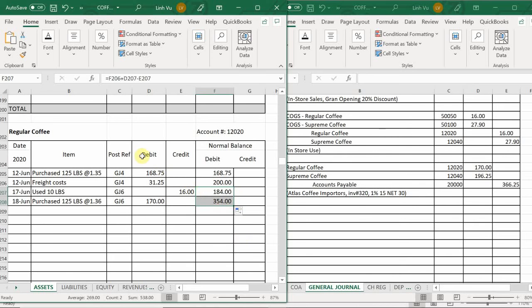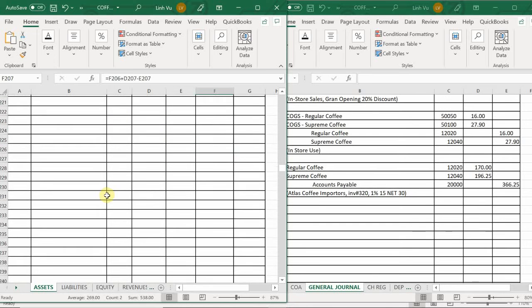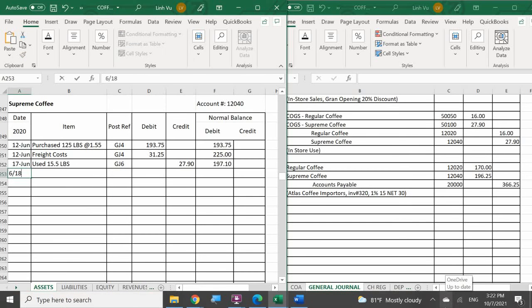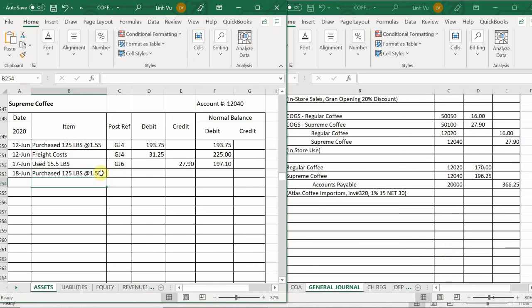We have to do the same thing to our Supreme coffee. The cost right now is 157.